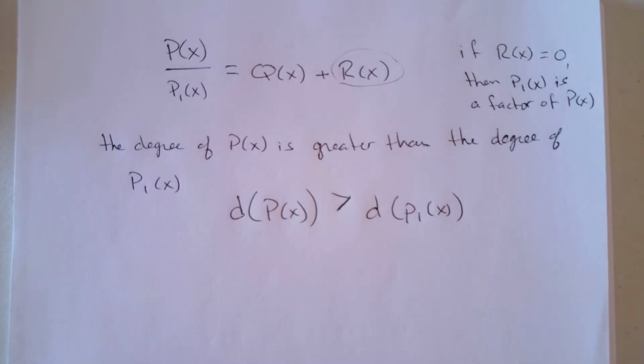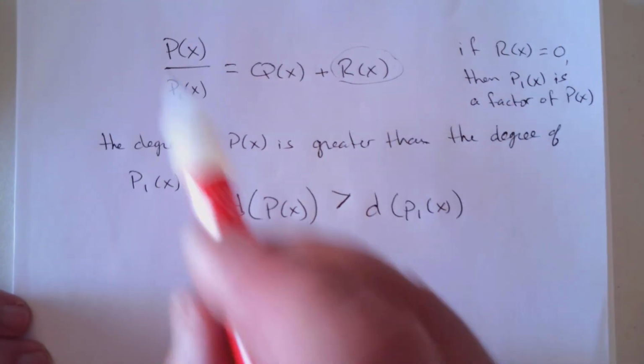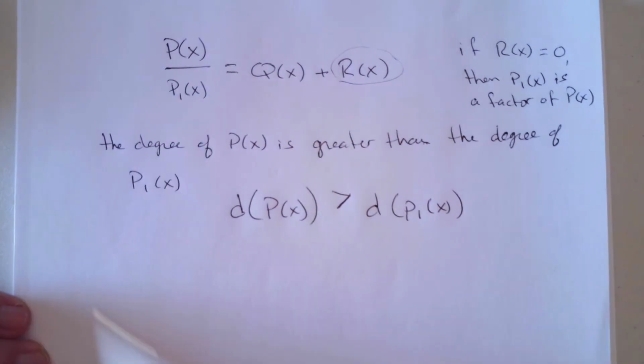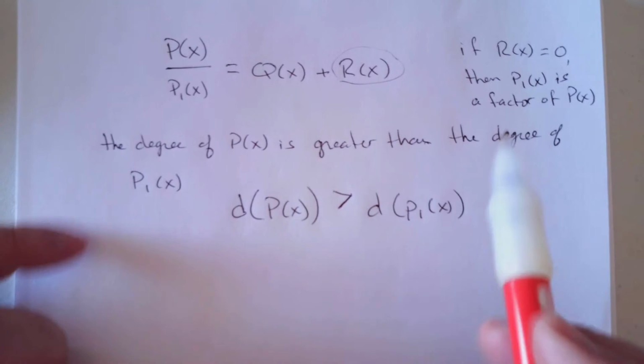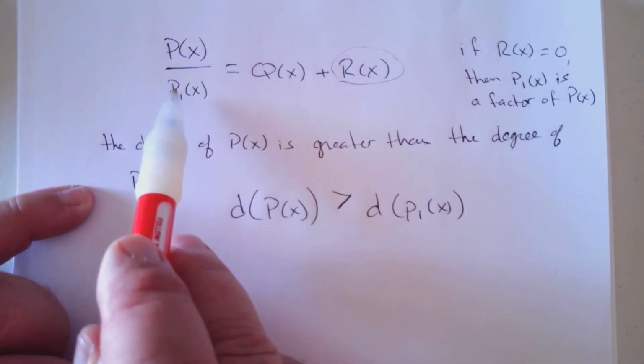And that's a very important piece of information. So if the remainder is 0 after we do division, then we know that this is a factor of that. Alright, so as I said here, the degree of the numerator has to be bigger than the bottom.